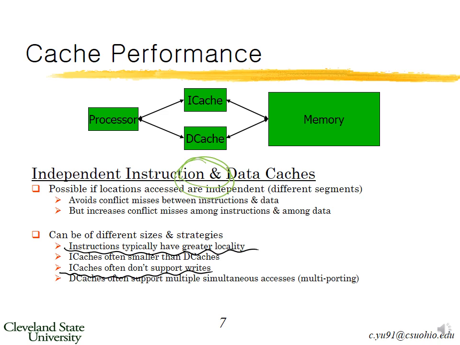So there is abundant locality in the instructions rather than data. Also, the instruction cache doesn't need to support the write operation. It's read only, because a program doesn't really change the instructions at runtime. By utilizing those special characteristics, you can optimize the instruction cache, and that's how we improve the cache performance.